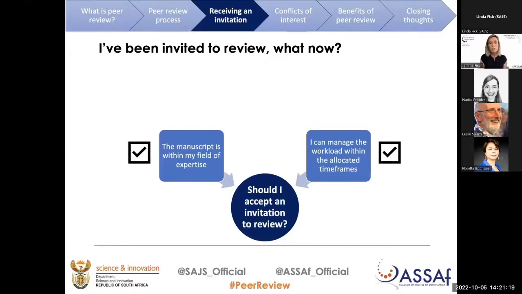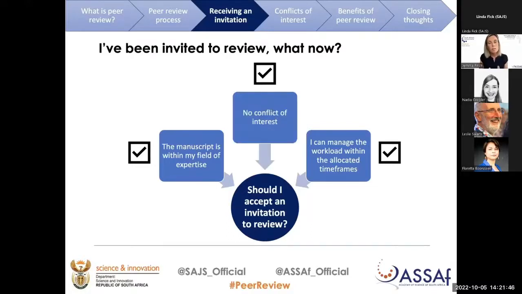You need to look at that time frame, look at your own workload, and realistically ask yourself if you can manage this additional commitment. Because these peer review invitations arrive in your inbox out of nowhere. It's not something that you plan for. So you need to ask yourself whether this is something that you can manage.